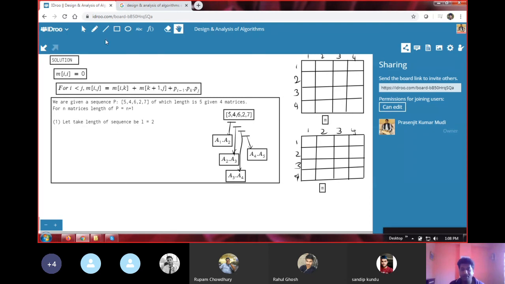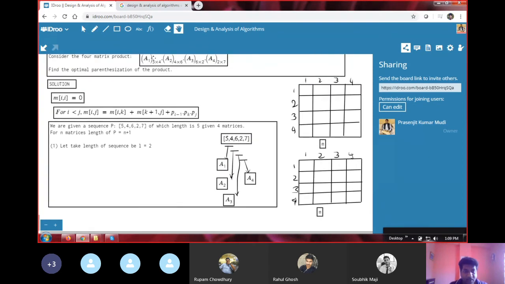So let's take a length of 2. Then what we have, or in other case, you can also interpret like this. 5, 4 is the dimension of the first matrix A1.